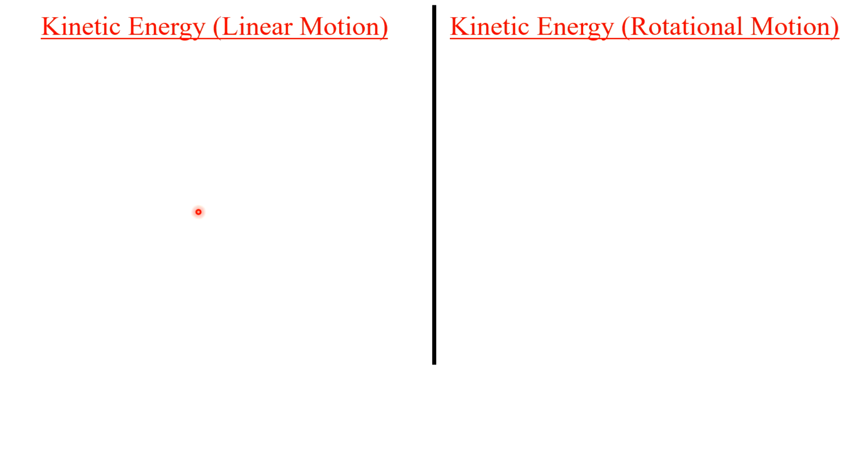So for kinetic energy in linear motion, we'll assume that the body is made up of n number of small particles, each having mass mi. So the total kinetic energy will be sum of kinetic energy of every particle. Therefore K is equal to 1/2 m1 v1 square plus 1/2 m2 v2 square and so on.